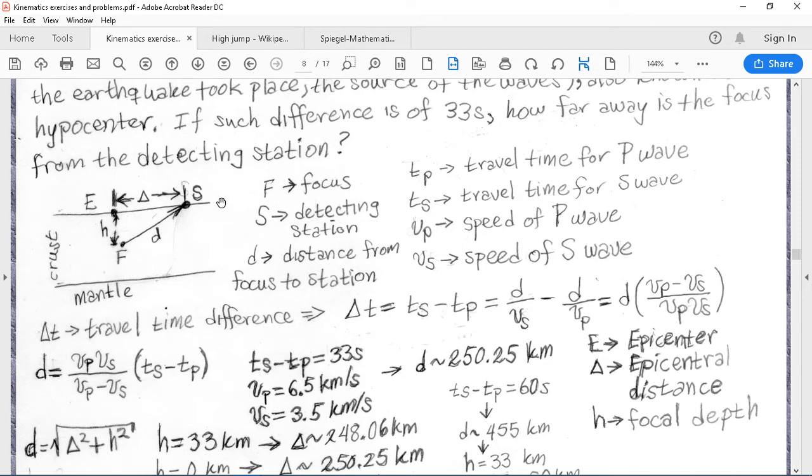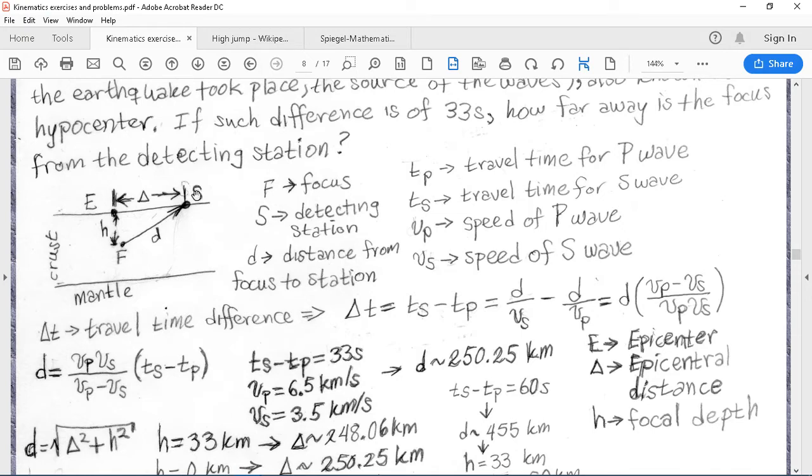This is the Earth's surface. This is the surface of the mantle. This is the depth h of the focus. E, corresponding to this point here, is the epicenter.